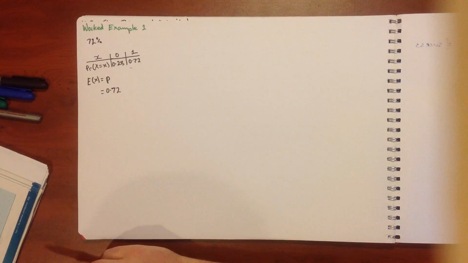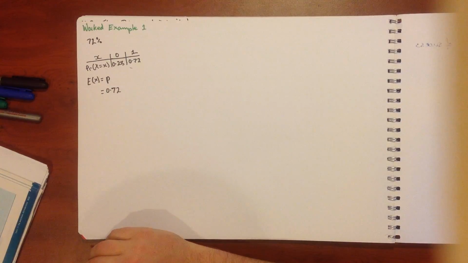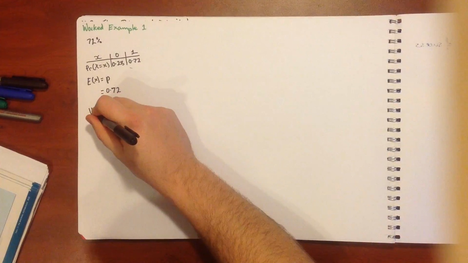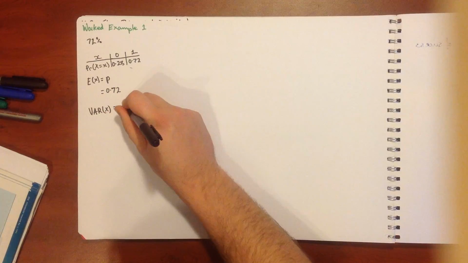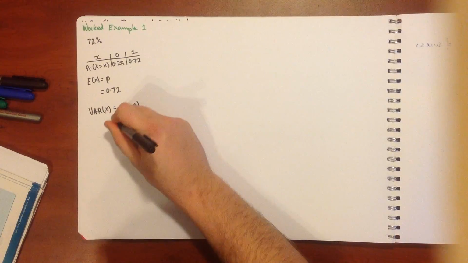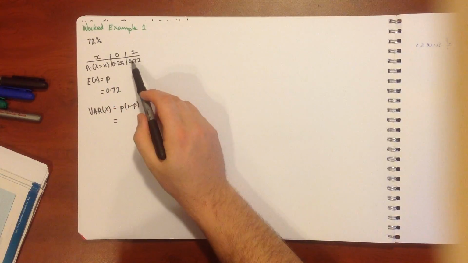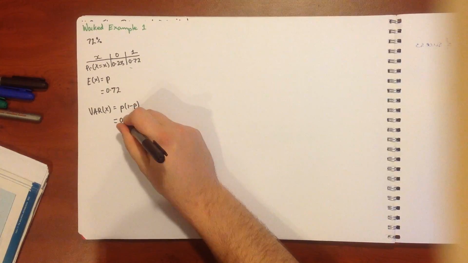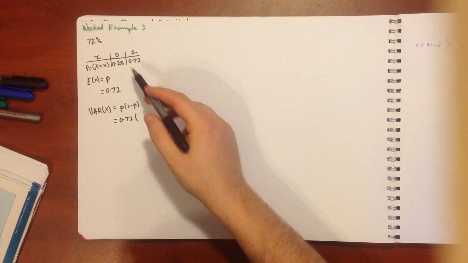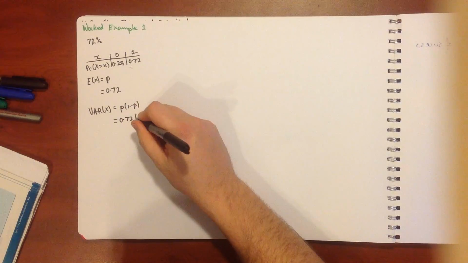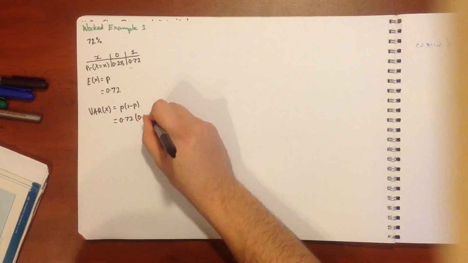We also need to find the variance and standard deviation. Our variance was given to us as p times 1 minus p. Where our p is 0.72, 1 minus p is 0.28.